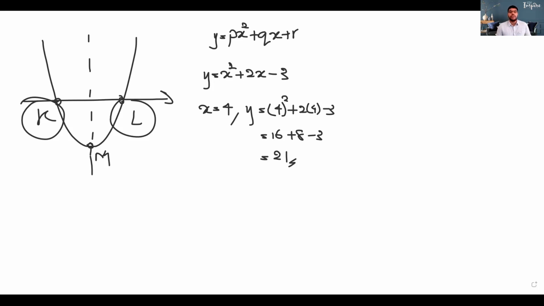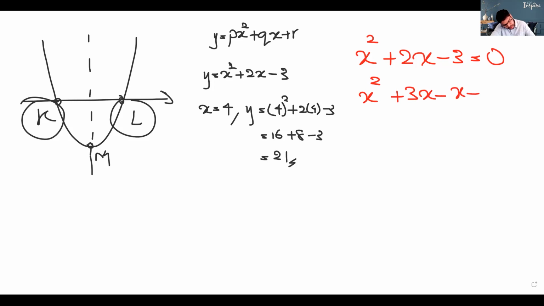So, children, to find out the x-intercepts, you always set y to 0, right? So when you set y to 0, you get x squared plus 2x minus 3 equals 0. So children, you can factorize this one, right? So you get x squared plus 3x minus x minus 3 equals 0.